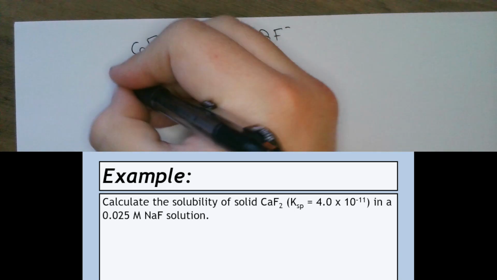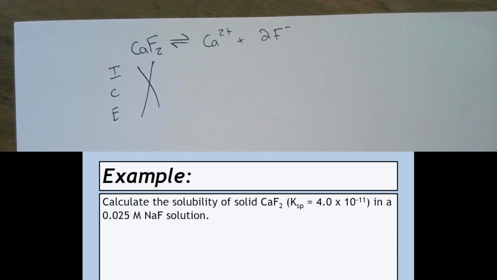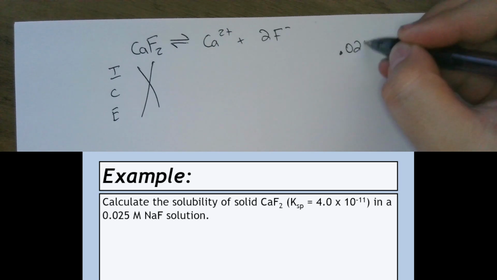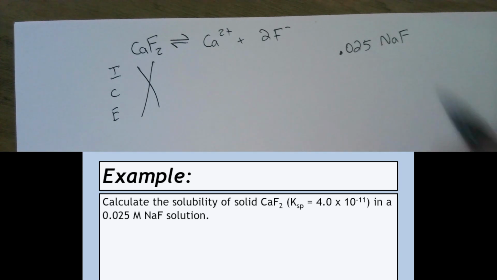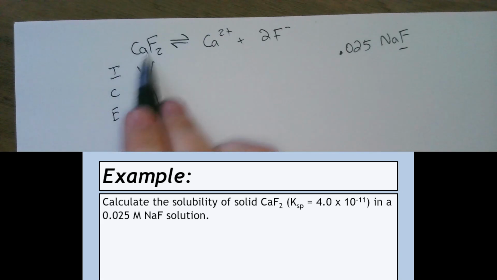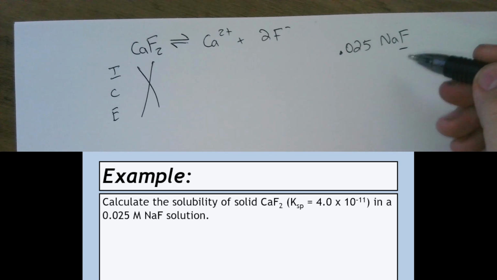If we dissolve this into water, we will just set up our ice table like normal, make both these zeros, and proceed. But we're not dissolving it into water. We're dissolving it into a sodium fluoride solution. And there's a common ion here, being the F. I have an F here. I have an F in my equilibrium. So when I'm dissolving this salt into my solution, there's already some F's floating around in that solution.